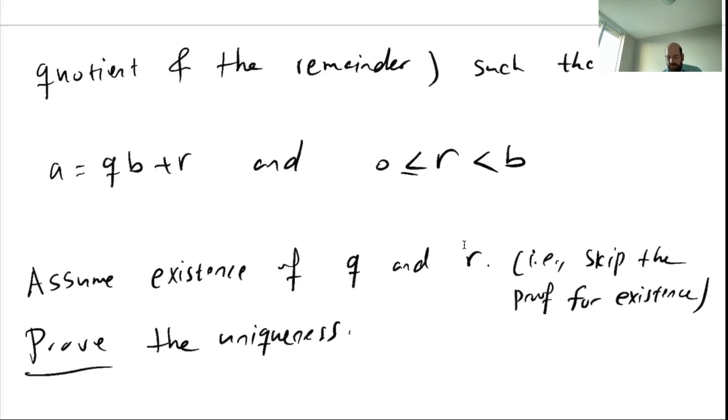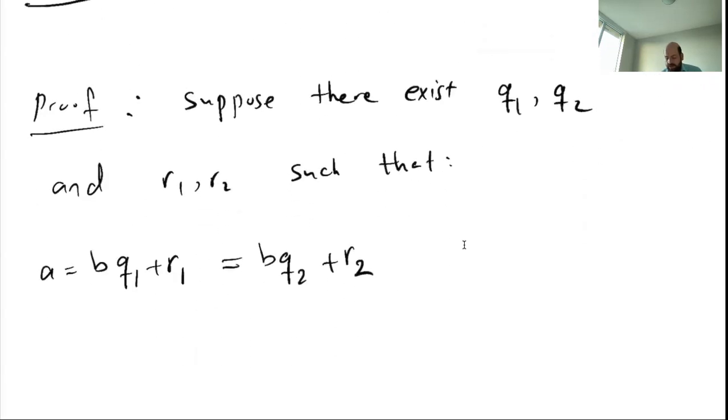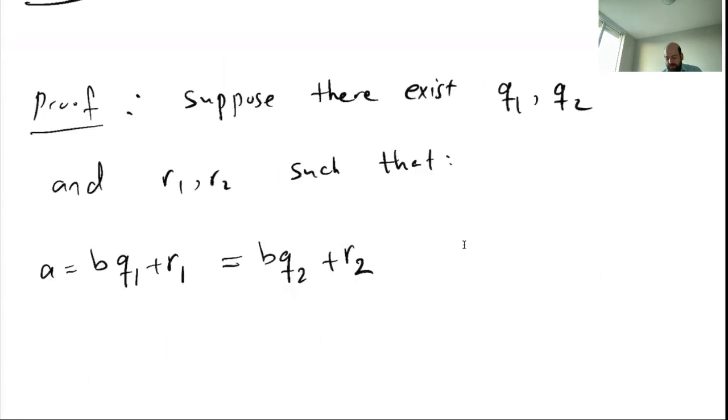Because our A has to have the property that it is equal to QB plus R. Now, if there are two such Q and two such R, let's say Q1, Q2, R1, R2, then A has to be BQ1 plus R1 and also BQ2 plus R2 at the same time.